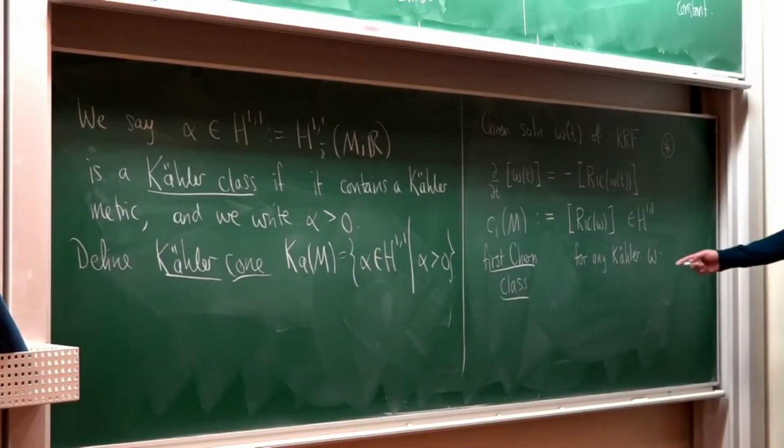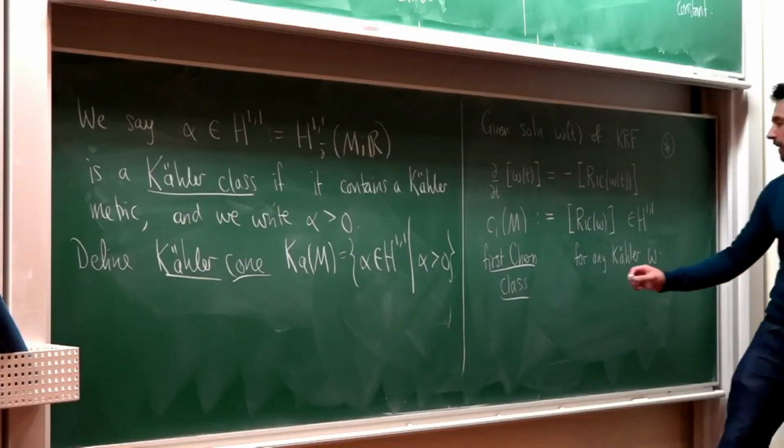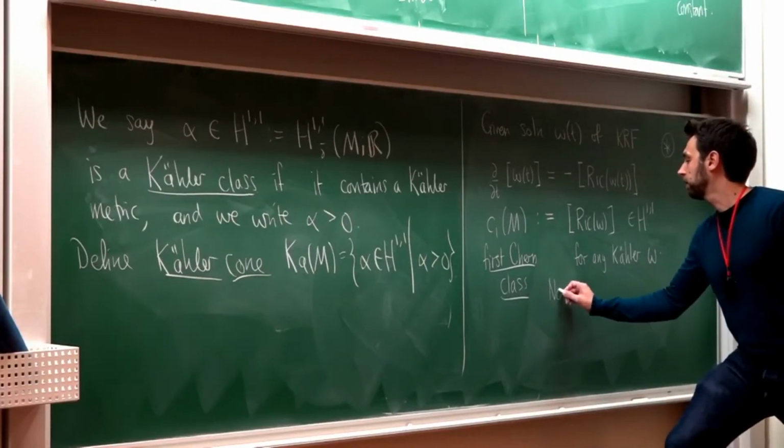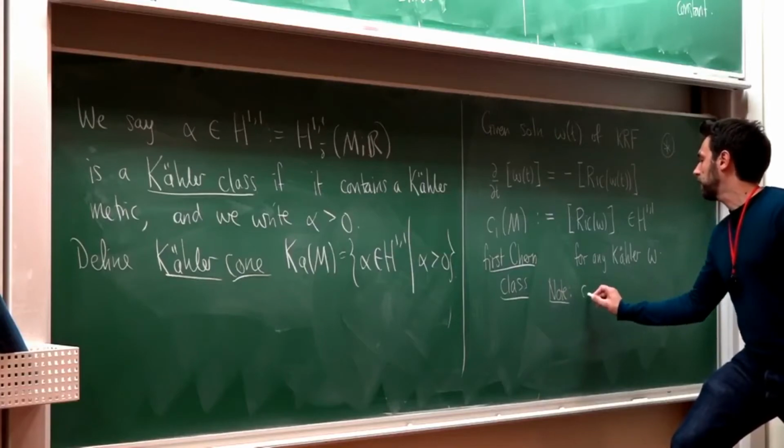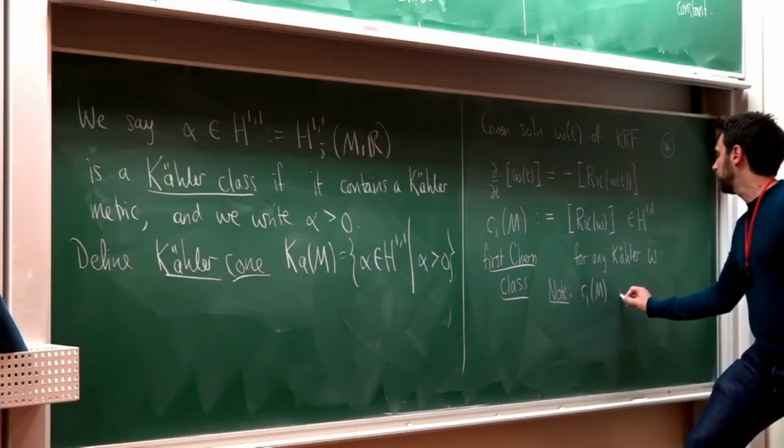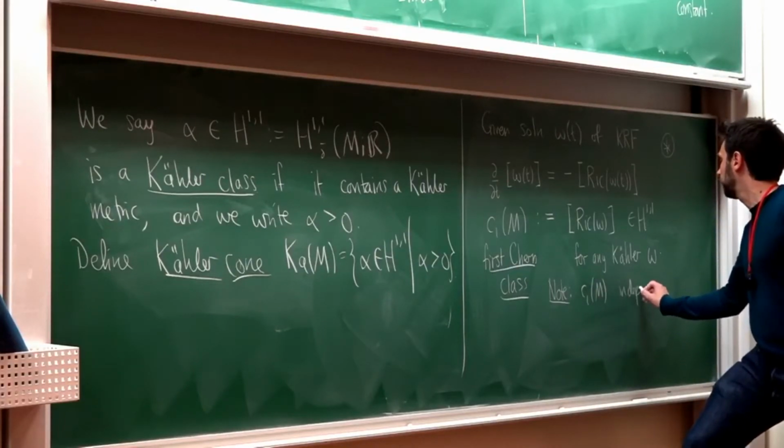And what I notice is the cohomology class itself is independent of the choice of omega. And so note that c1 of M is independent of omega, depends only on the manifold.